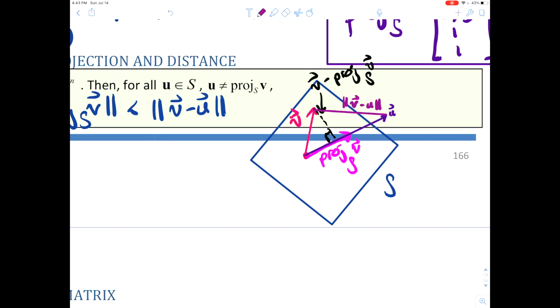So this distance is always greater than this distance. Cool, cool?